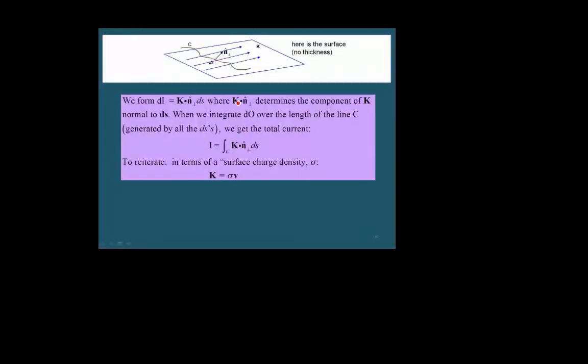So here's the picture again, and we're going to form dI in terms of a dot product. Because if you have a vector n hat perpendicular going in this direction, and you have K in this direction, if you want the component of K which is perpendicular to the ds vector, then the dot product will give that to you.